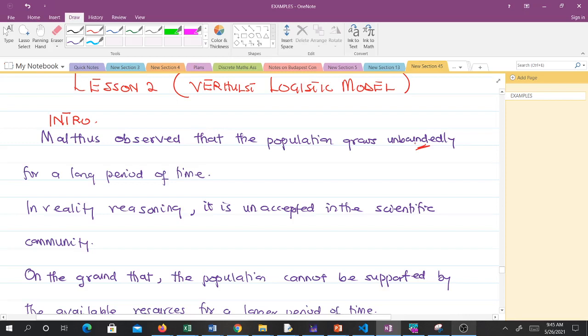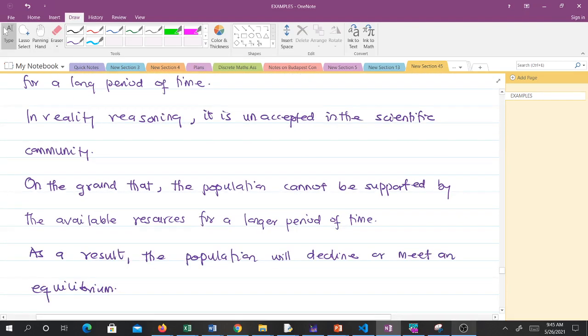But in reality, this is unaccepted in the scientific community because growth has a limit, it has a bound. The reason why it is unacceptable is because a population cannot be supported by the available resources for a longer period of time.